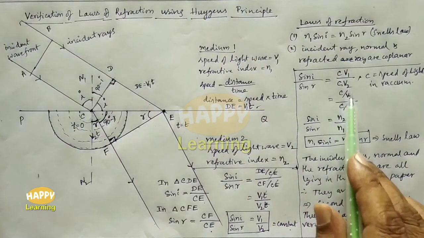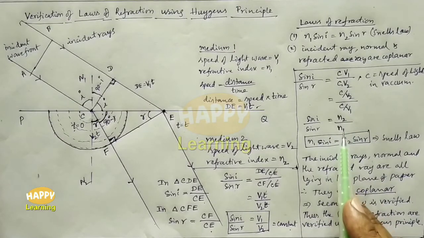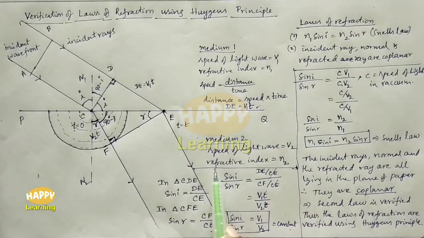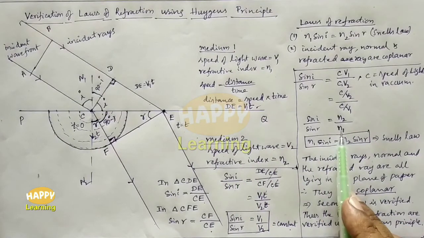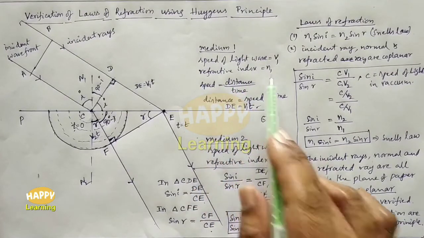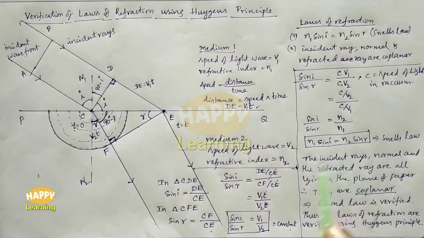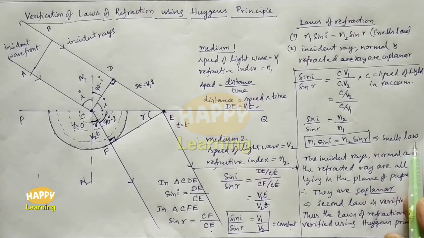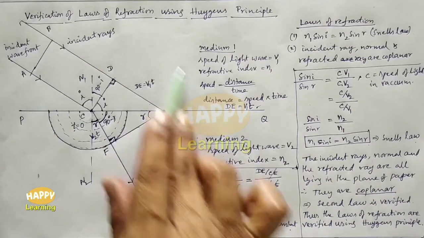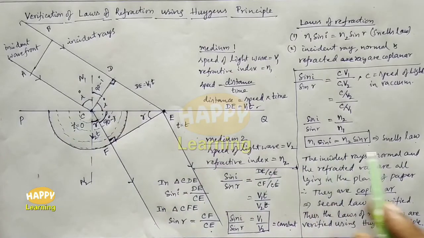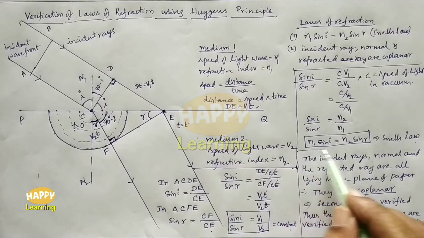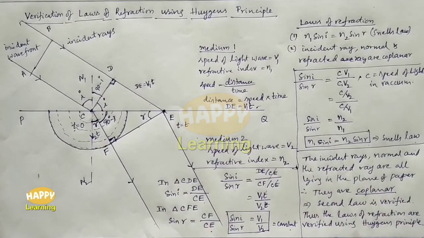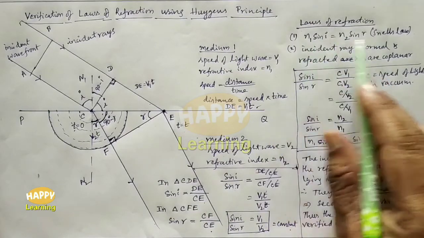So this numerator is n2 and this numerator is n1, where n2 is the refractive index of the second medium and n1 is the refractive index of the first medium. On cross multiplication, we get n1 sin I is equal to n2 sin R, which is nothing but Snell's law. So, using the Huygens wave principle, we derived Snell's law. That is the first law of refraction.